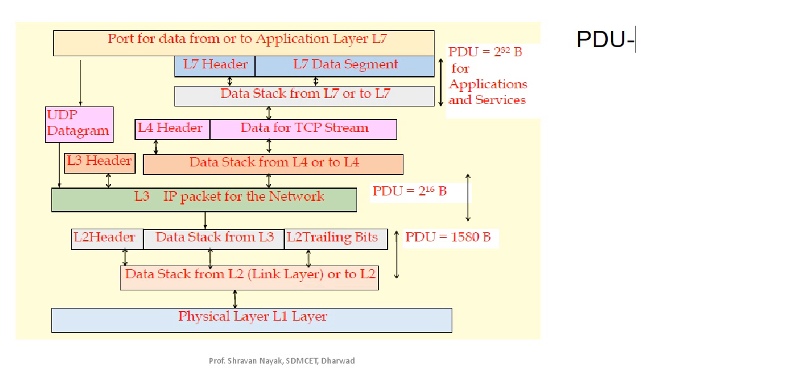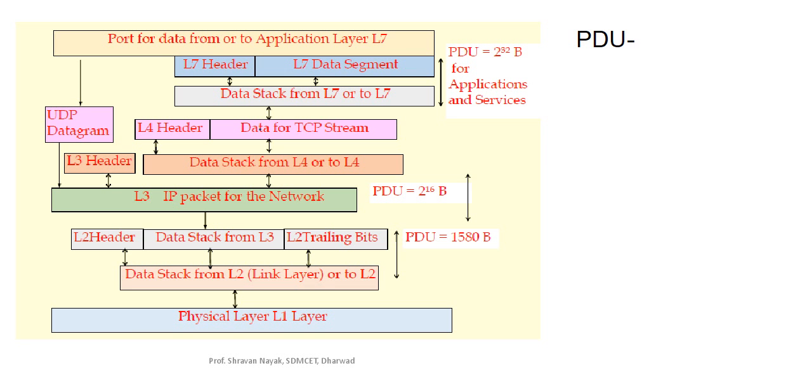Earlier also I had mentioned that PDU means the maximum data bytes that can be processed in a specific layer, and you can see here it keeps changing depending upon the layer to layer protocol approach.